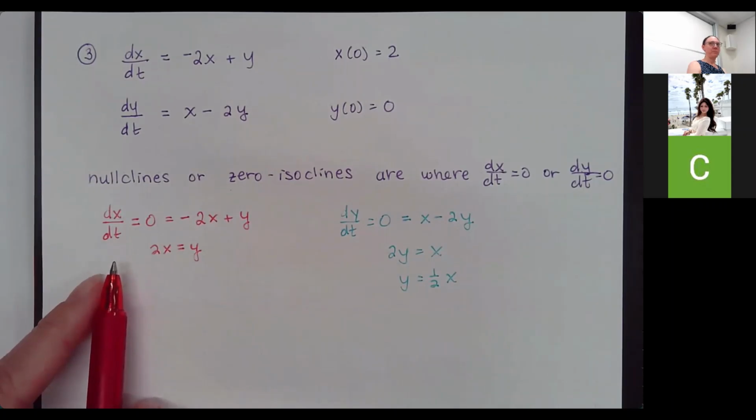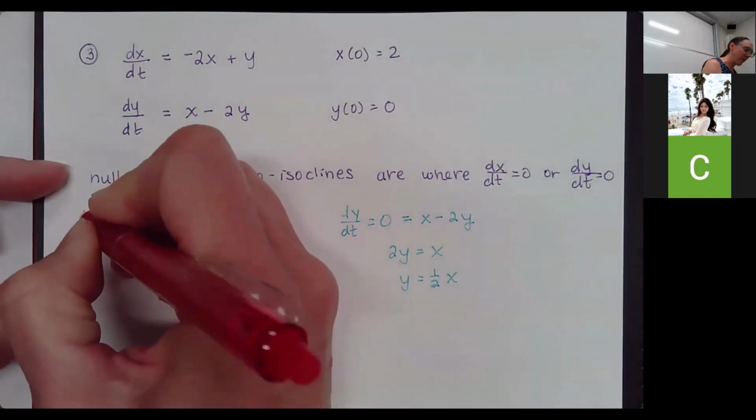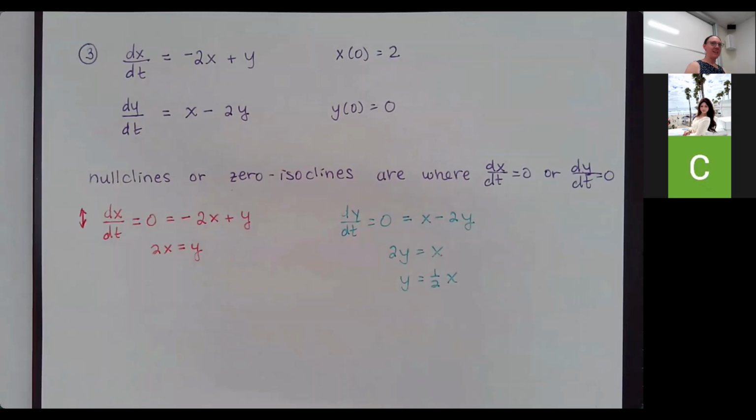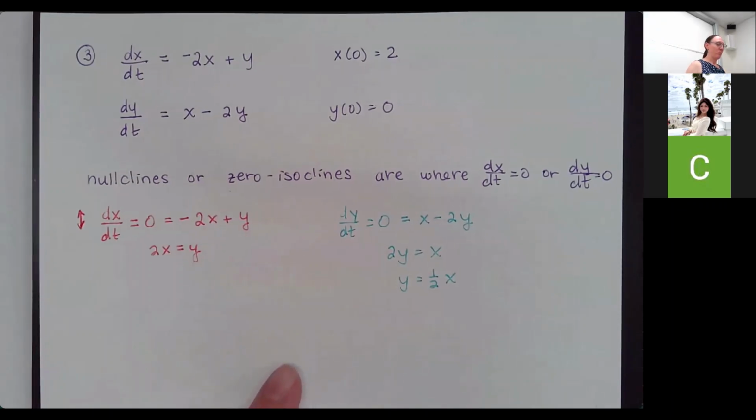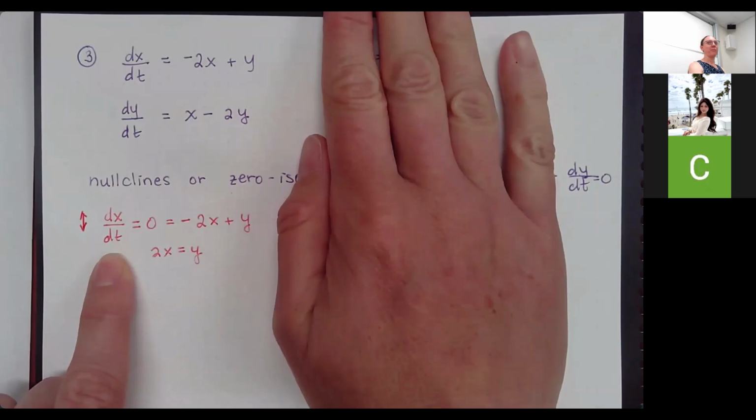If my x doesn't change, it will go up, down. So this is going to go straight up and down along this nullcline. Y is not 0. Dx dt is 0.